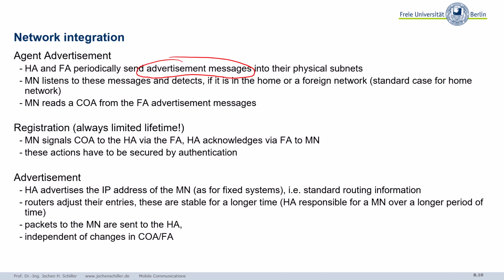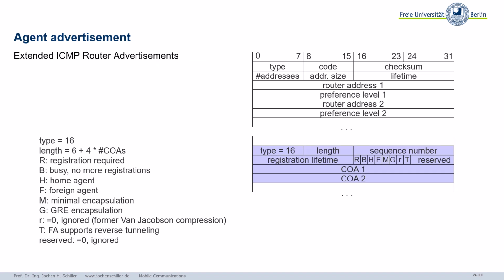Just to give you some insight, again, as always, without discussing the details of all the fields, this is a part of an agent advertisement message. These are ICMP router advertisements, but they also contain care-of addresses. That's what the mobile node needs. So you see router addresses and you see care-of addresses.